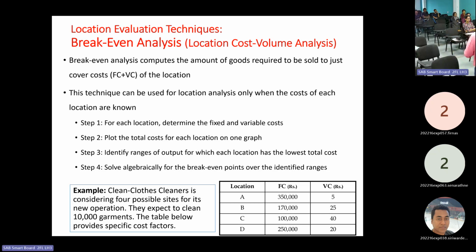So that is a technique for different locations. Different break-even points are relevant so that they can decide. Now, more than the break-even technique here, this is described as crossover charts.